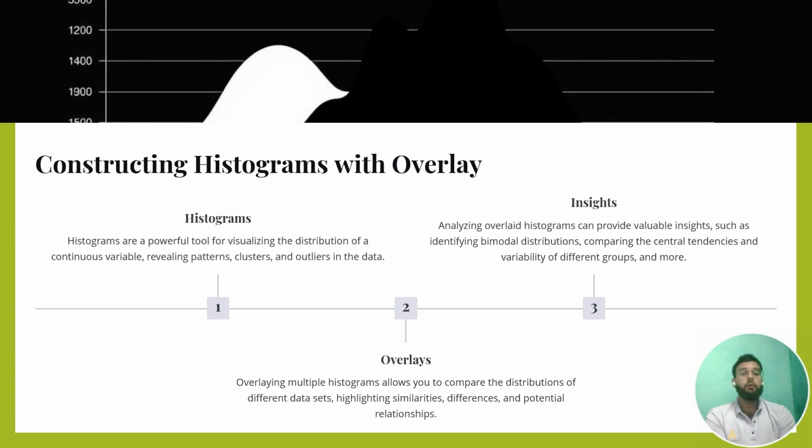We can use histograms with overlays very effectively. For example, you can see the picture here where we have used histograms with overlays, which help us to define many data in the single histogram graph.